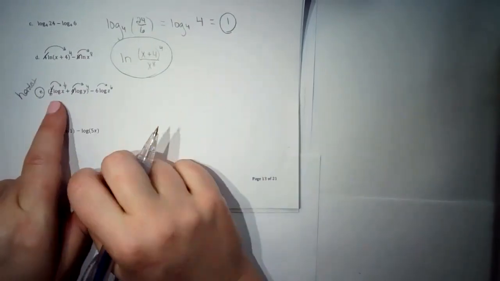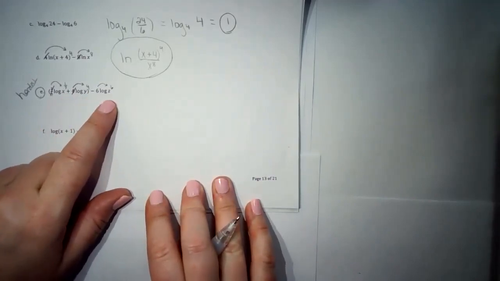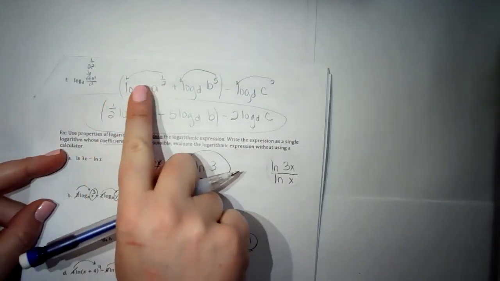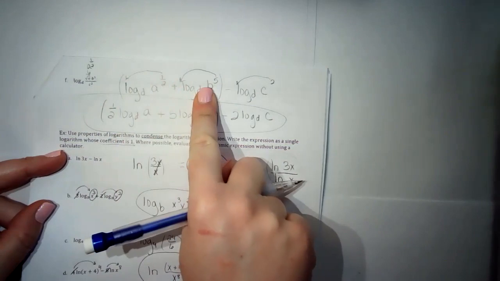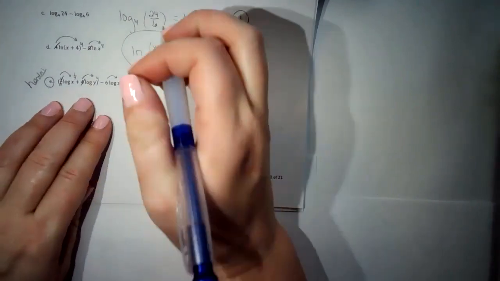So I see parentheses that are added, and then I see a minus for the guy in the back. This is that situation like we had up here, where the pluses in parentheses are the numerator, and the minus is the denominator. That's what's happening here. So I'm going to have log. He's a common log.